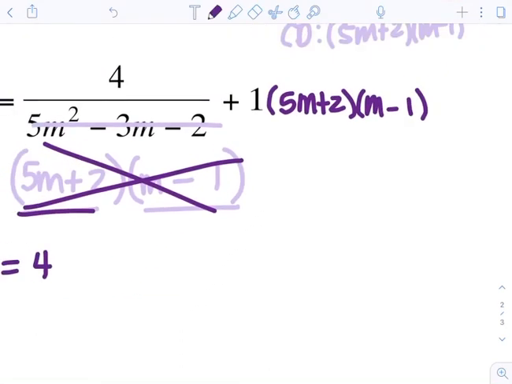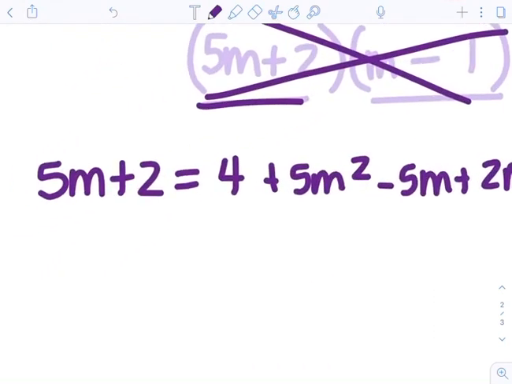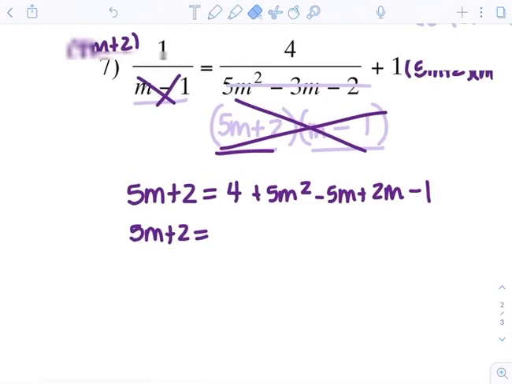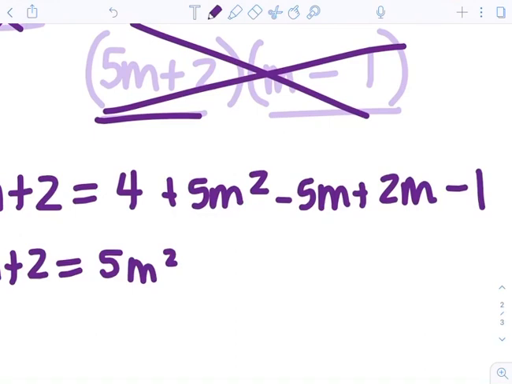So we're going to FOIL that out, so that becomes 5m squared minus 5m plus 2m minus 1. Okay? And now I'm going to combine my like terms. So we have 5m squared. I have -5 plus 2, that's -3m.